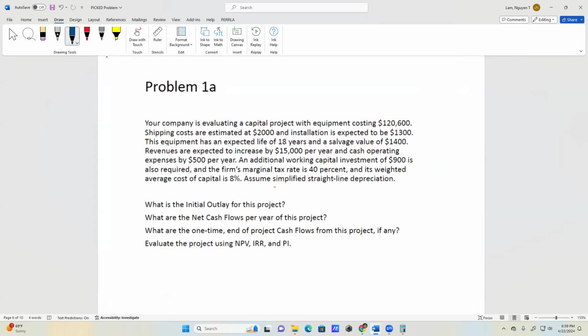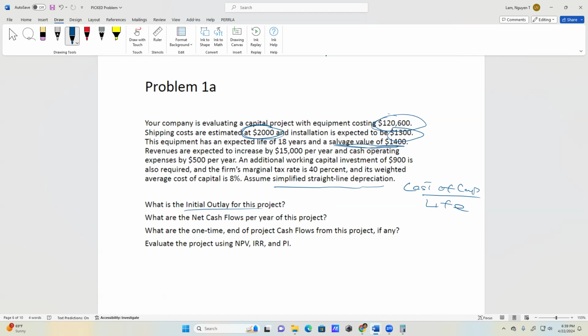All right, once again, simplify straight line depreciation. So it's just cost of capital divided by life. Okay. What is the initial outlay? All right, equipment cost, installation. So those three, I'm circling, are the cost of capital already, right? All right, here's a salvage value. What do you guys think? Salvage value of new equipment, right? Okay.